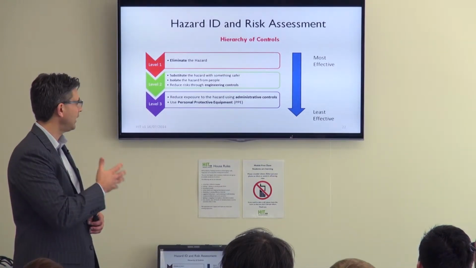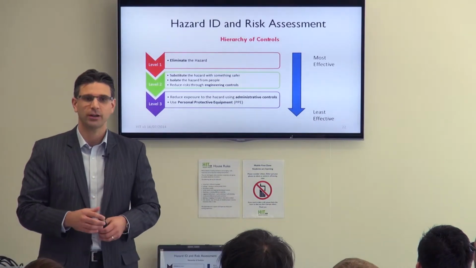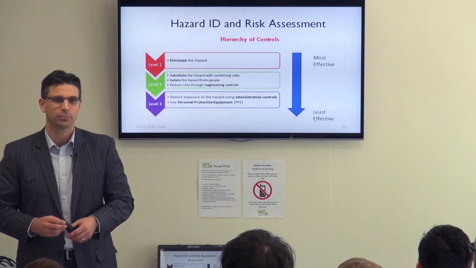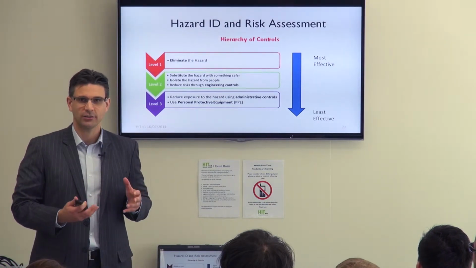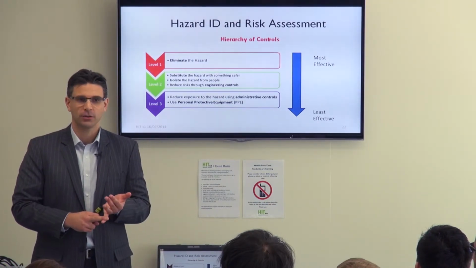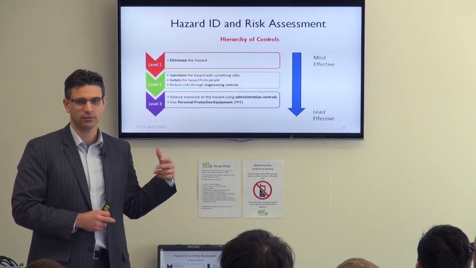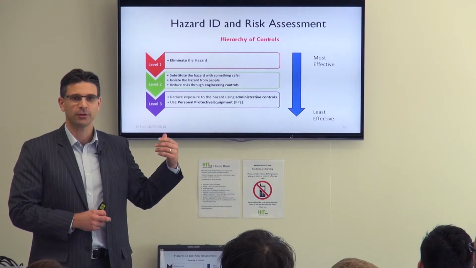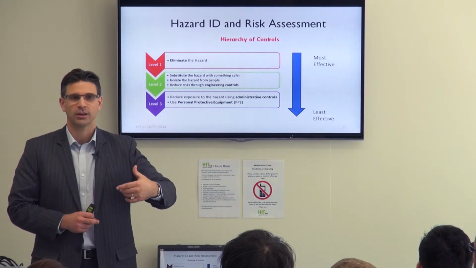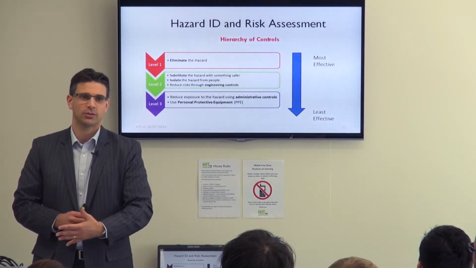And as the very last measure, if all else fails, we need to make sure that we've got personal protective equipment. Now, often when you're undertaking a task, for example the use of chemicals, it might be a mixture of all of these different hierarchy of controls. For example, rather than use a toxic chemical, we've gone for a non-toxic chemical.